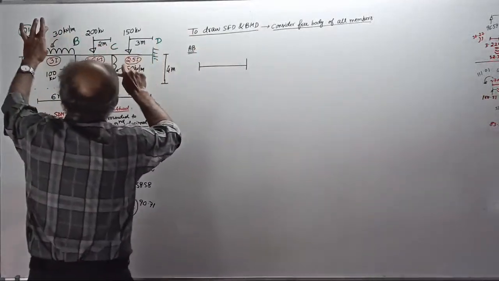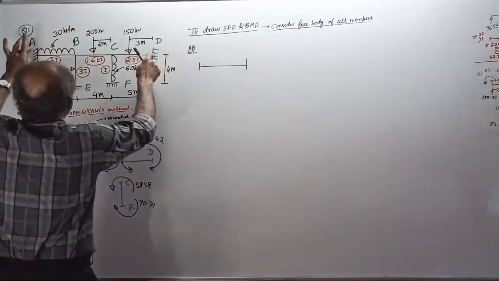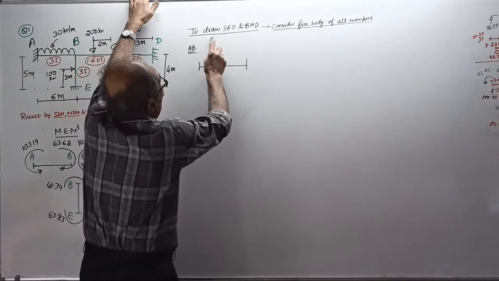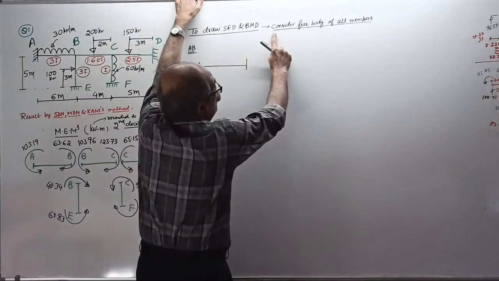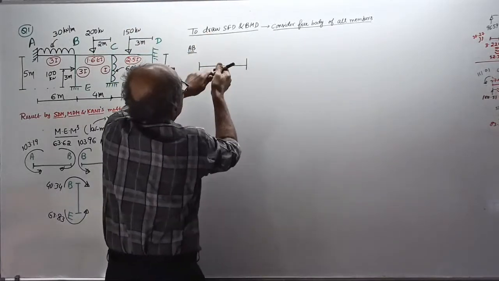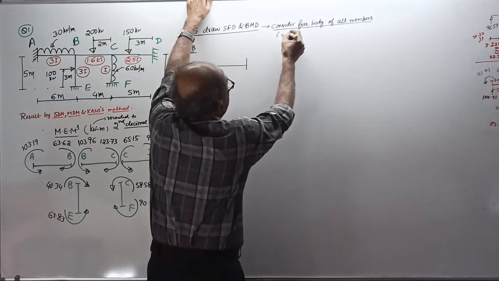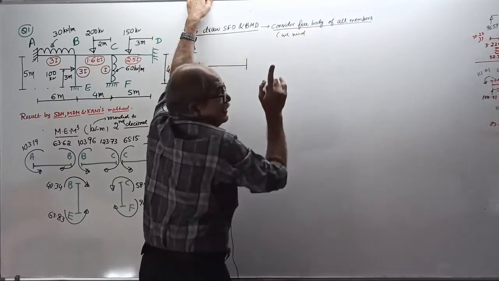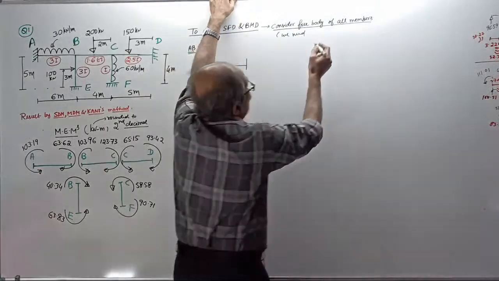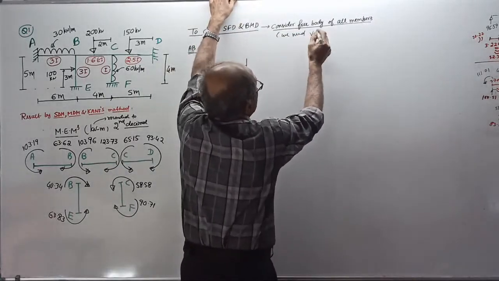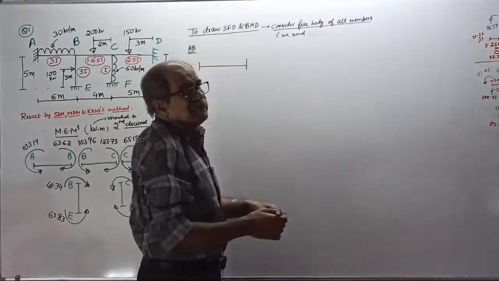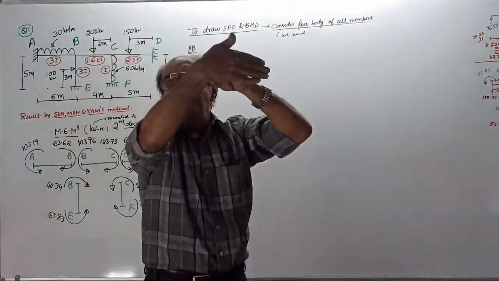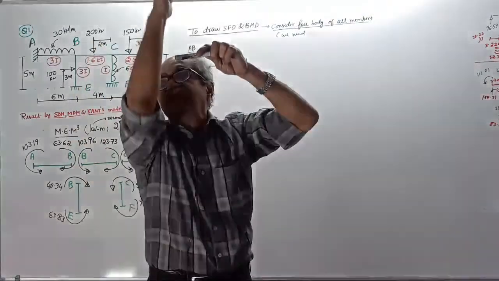See, this is question number 1. Every support taken fixed. To draw SFD BMD, what do we need? What you require is not every reaction. Remember, for a horizontal member, you require vertical reaction.